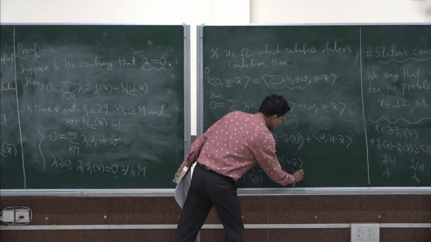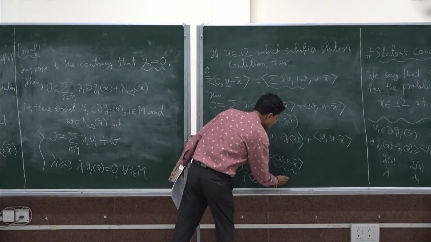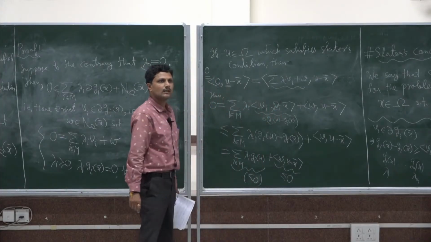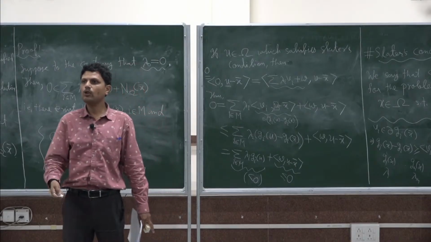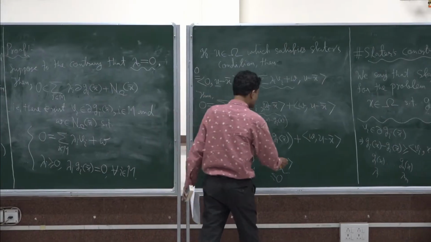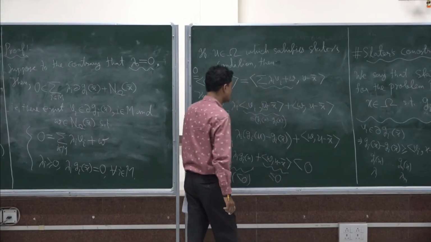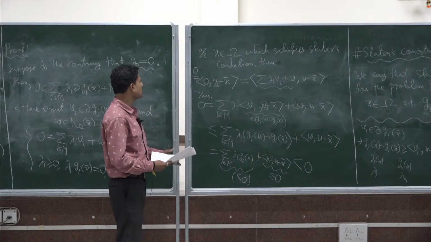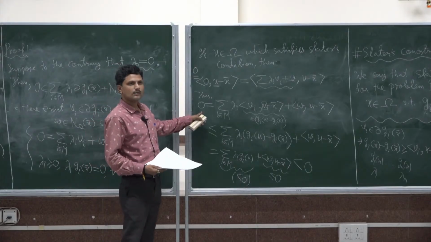What about this? This can be less than or equal to 0 by the definition of the normal cone, right. So, now this is strictly less than 0, but is it possible? Okay.